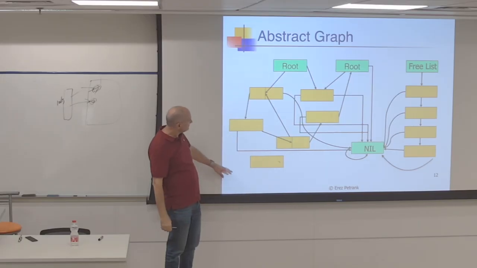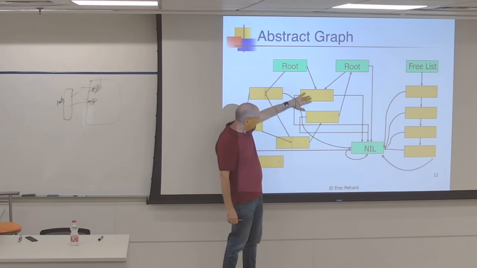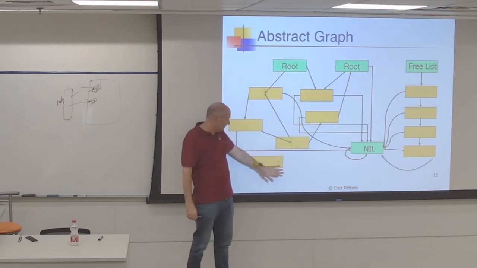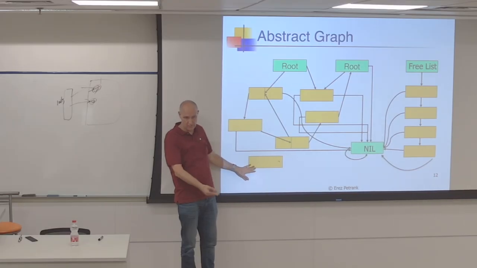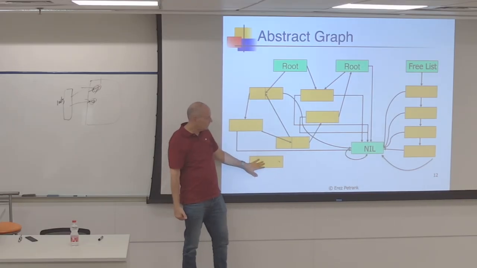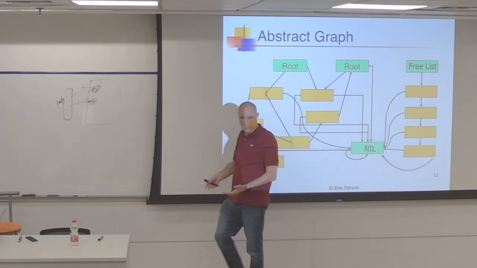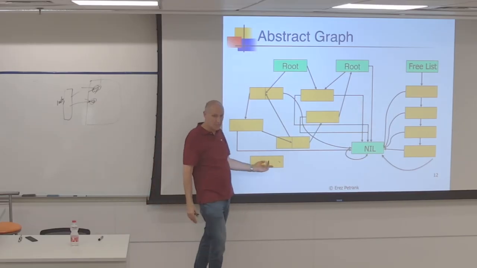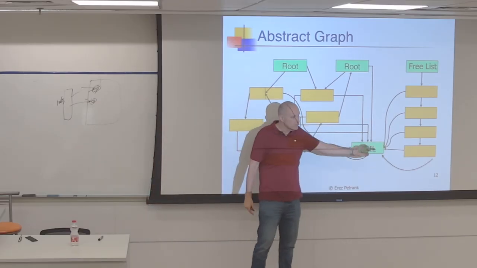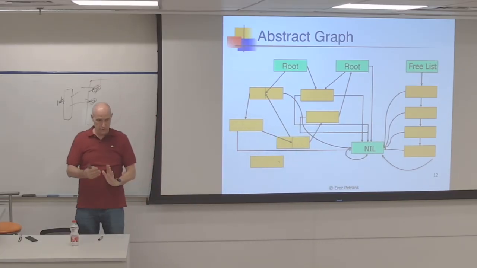The goal of the garbage collection is to find everything that's reachable, and the things that are not reachable, here there's one, but there should be a lot in real life, all of these should be added to the free list. That's the goal of the garbage collector. There's marking, which identifies what is reachable, and there is sweep that takes what is not reachable and adds it to the free list. This is how this abstract game goes.